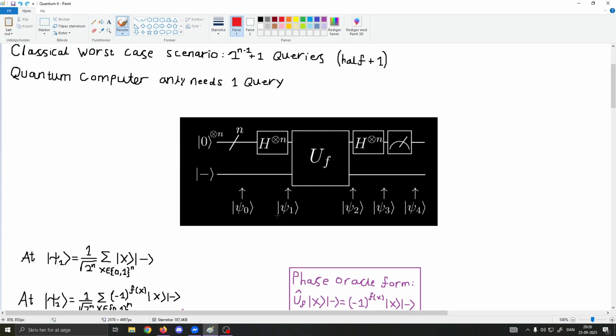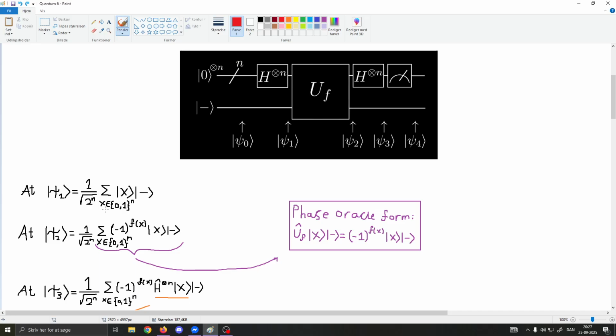Anyways, if we look at state psi1, which has us perform a Hadamard on every one of these qubits, except for the minus state, we see that it has this effect of basically producing an equal superposition of every possible bit string of length n. And that's because you just have an equal superposition of 0 plus 1 multiplied by 0 plus 1 multiplied by 0 plus 1.